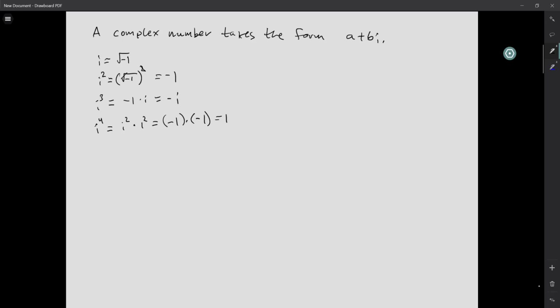So if I was looking for, let's say, i to the 215, well, all I'd really have to do is find out what the remainder is after I divide by 4, because every 4 powers gives just a 1.